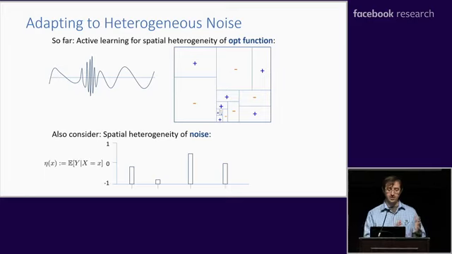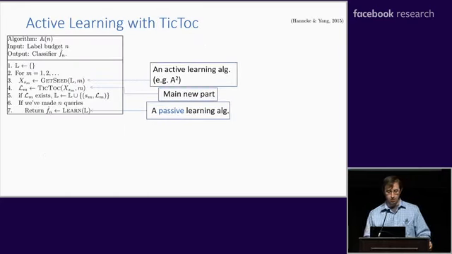But there's another thing that you can do with active learning that disagreement-based active learning doesn't do at all, and that's adapting to heterogeneity in the noise, meaning that there are some places that are very noisy and some places that are less noisy, and you might want to adjust how many queries you make in each of those types of regions. Okay, and we're going to talk here, very briefly, about an algorithm that is able to do that.